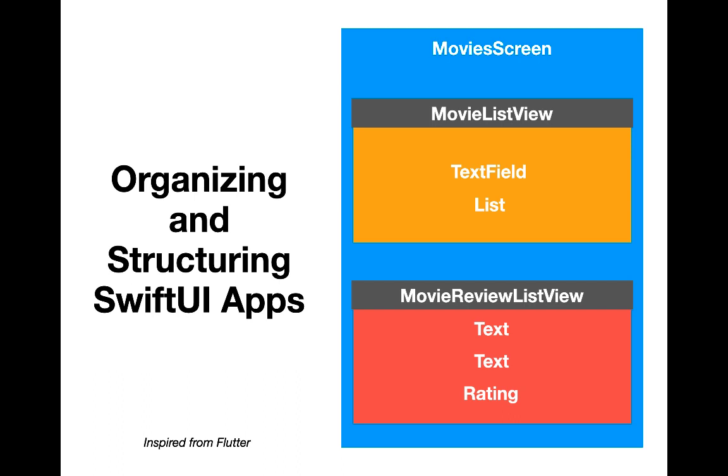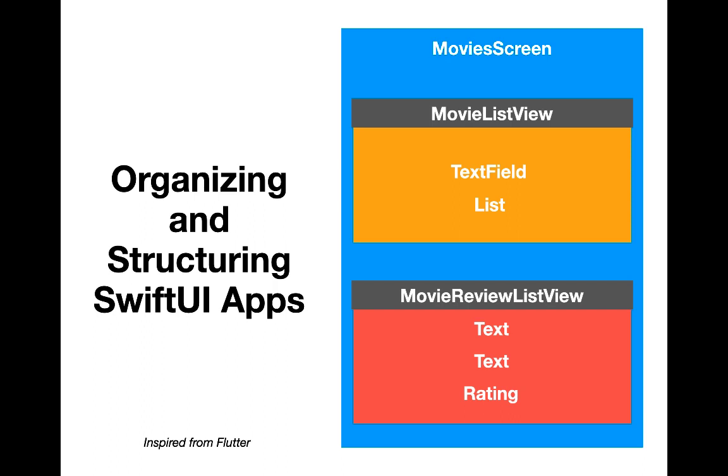So over here you can see there are different components that we have. We have a movie screen, which is the whole screen of the app, one single screen of the app, and it consists of multiple views. So the movie screen can display a list of movies and also the reviews associated with movies. Maybe the top reviews, maybe the featured reviews, maybe the new reviews.